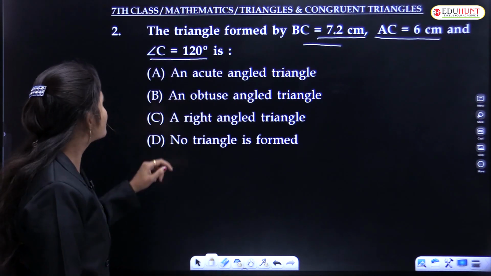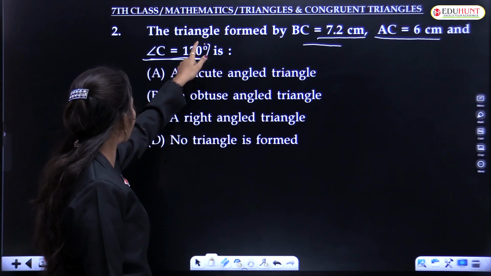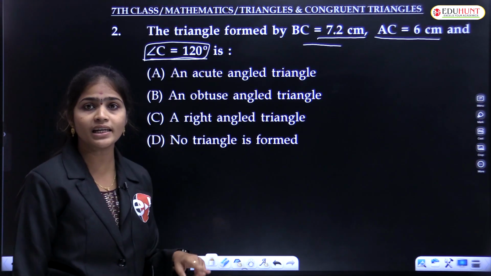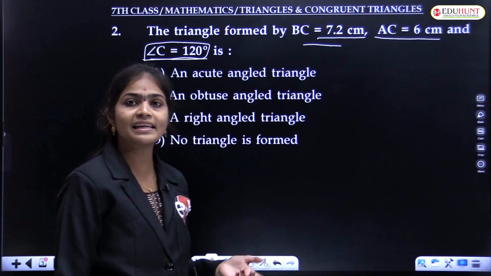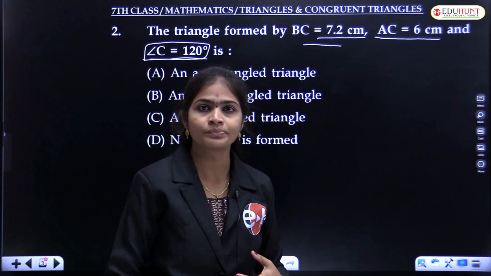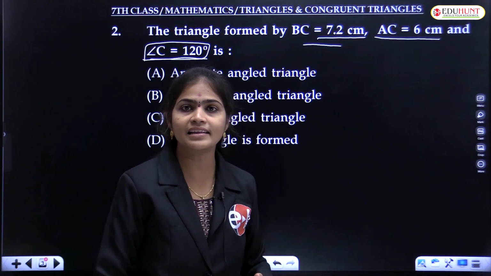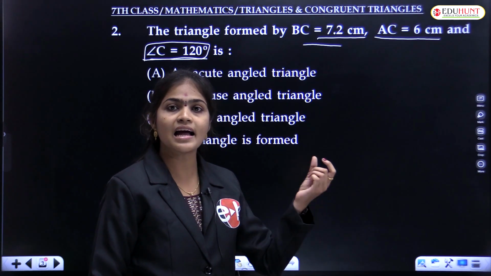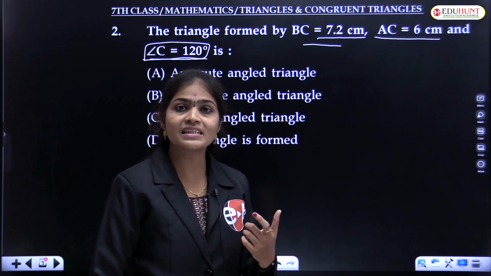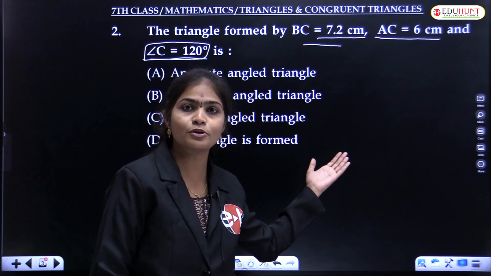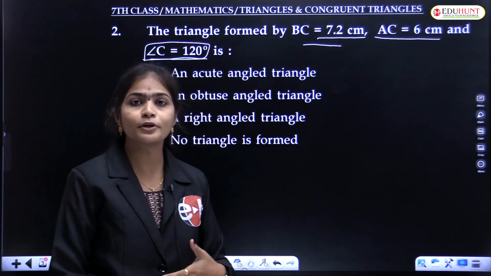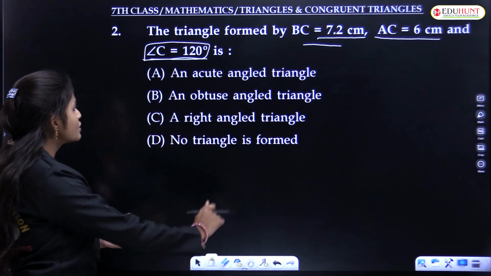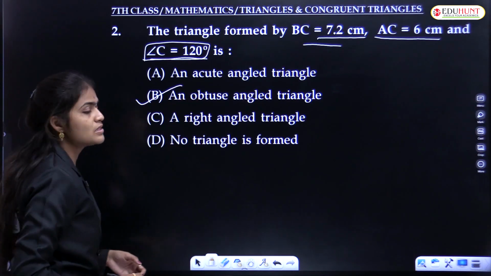Here the given angle C equals 120 degrees. 120 degrees is which type of angle? Yes, it is greater than 90, which means it is an obtuse angle. So in which triangle can we observe an obtuse angle? Yes, an obtuse angled triangle. So the answer is an obtuse angled triangle.